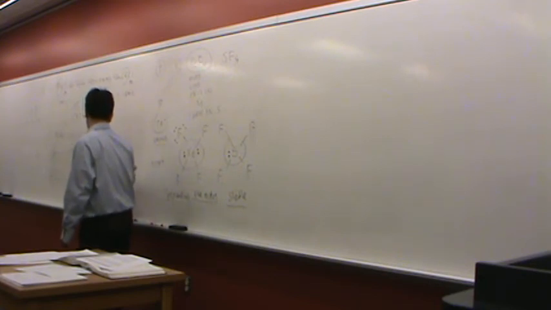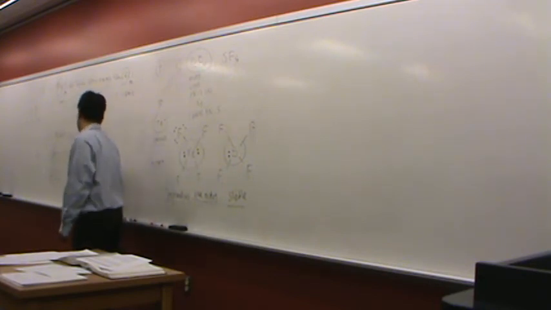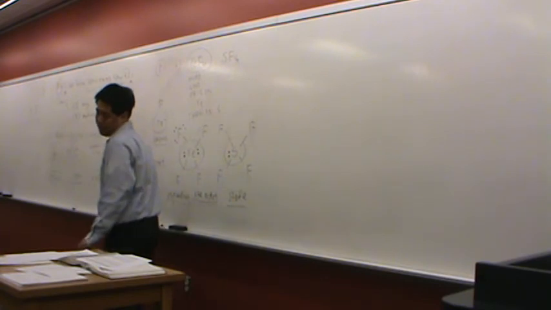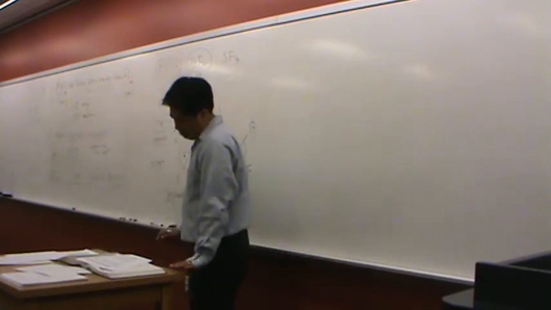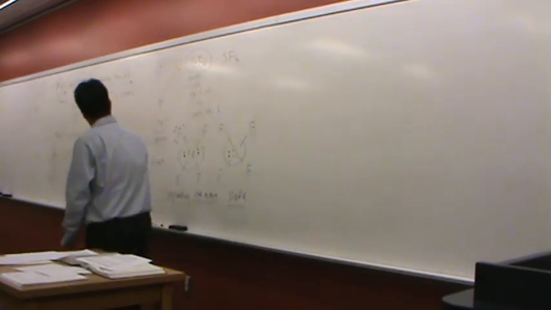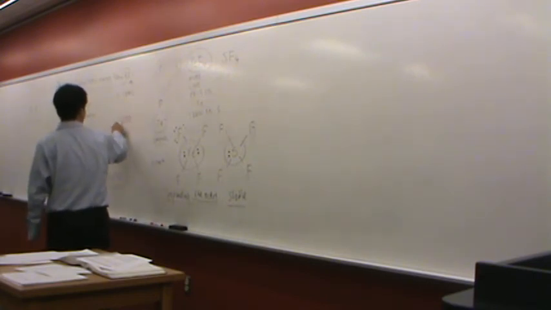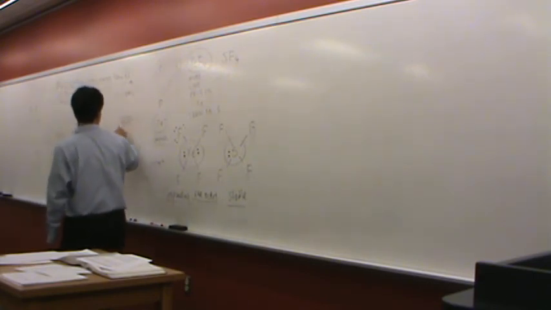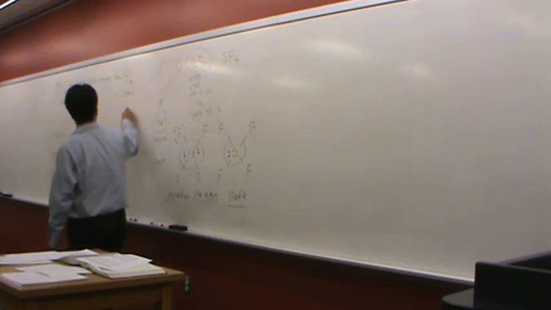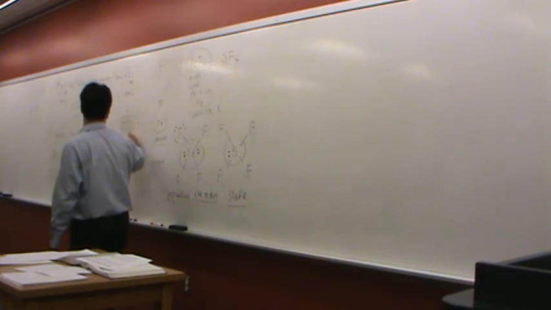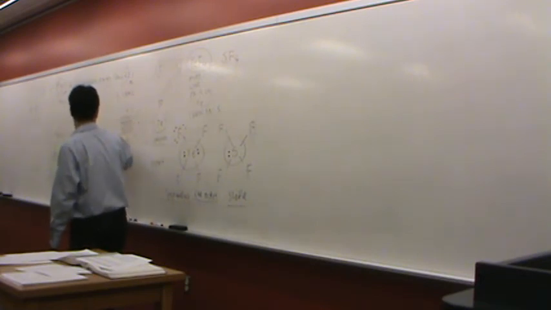So we come up with this idea, which is called metallic bonding. Basically here's the idea. You have these copper atoms that are bonded together by a metallic bond, which is unlike ionic or covalent.